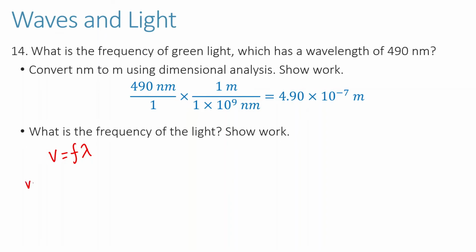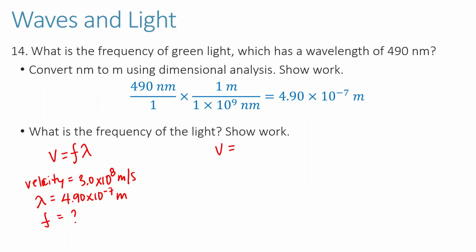So this means that the velocity is going to be equal to 3.0 times 10 to the 8 meters per second. We also know that the wavelength of this light is 4.90 times 10 to the minus 7 meters. See how we got meters per second and meters? And frequency is what we're solving for in this question.